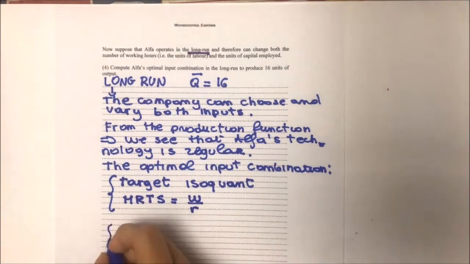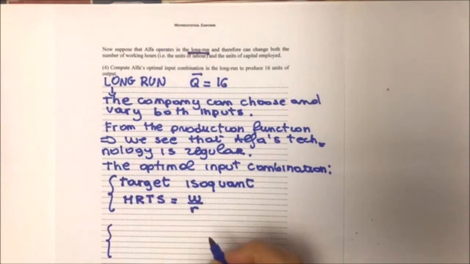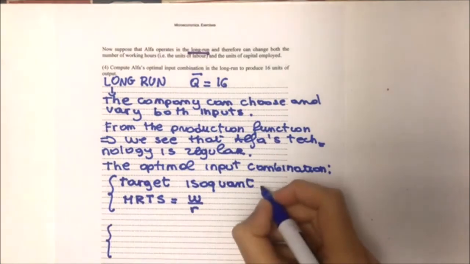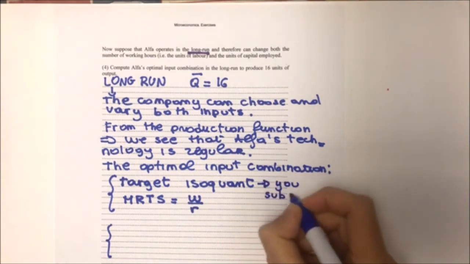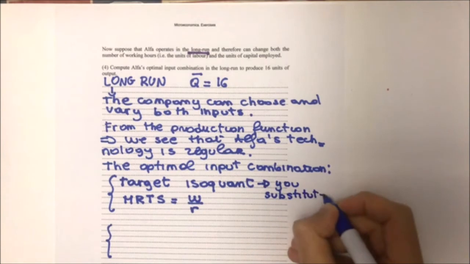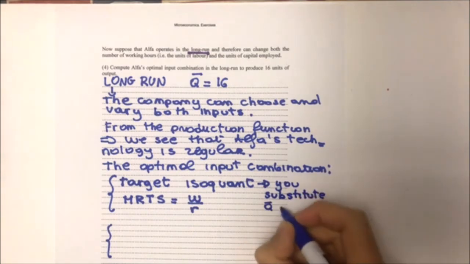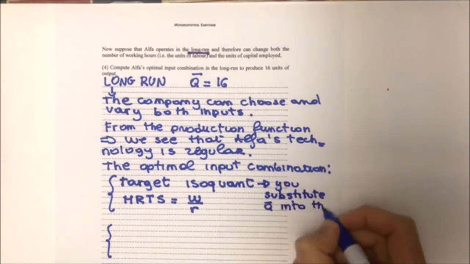For us, how do you get the target isoquant? You substitute your target Q into the production function.